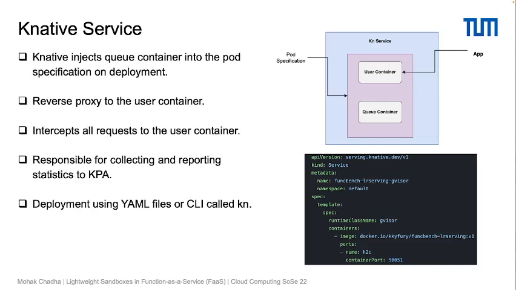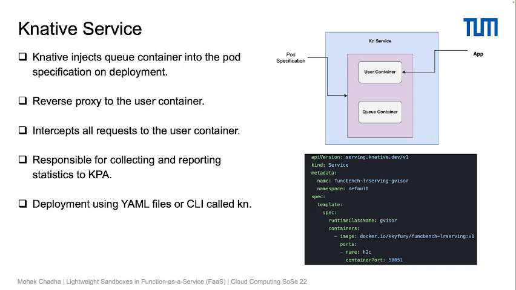So what actually is inside a Knative service? There are two containers. One is the user container, which we want to run, and then there is the queue container, which is automatically started and injected into your user workload. The queue container is essentially a reverse proxy to the user container.